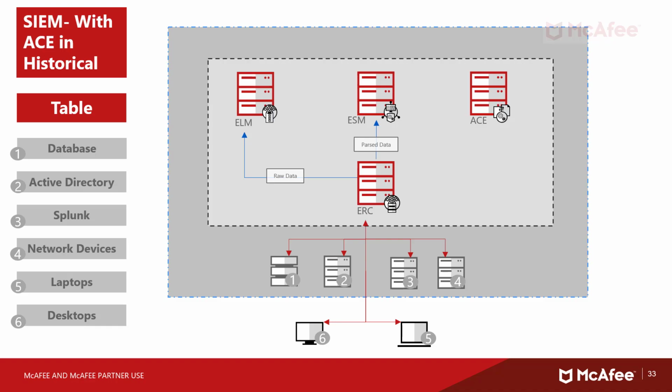Now ESM then takes that data and sends it to ACE as a request, saying, hey, I would like this correlated data for any events that match this. ACE will then go into the ELM doing a historical search and then present ESM with all of the relevant data if any of those events matched.